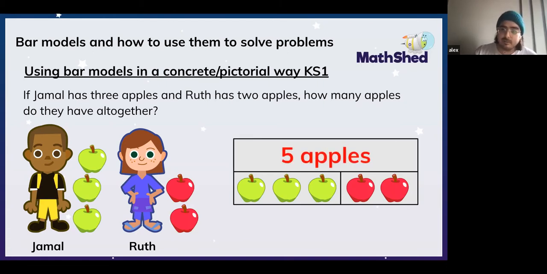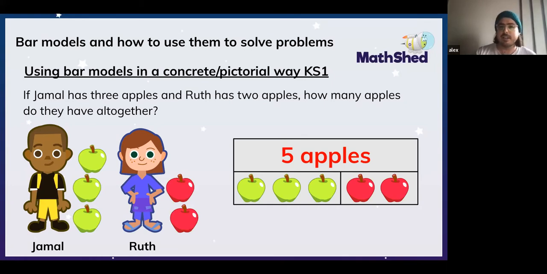Again, you could be even more abstract, so they don't have to be apples or images of apples. We could have 3 green counters, or 3 green multi-link cubes and 2 red counters or red multi-link cubes, or they could be blue and yellow, depending on the level of abstraction that children are ready for at that time.